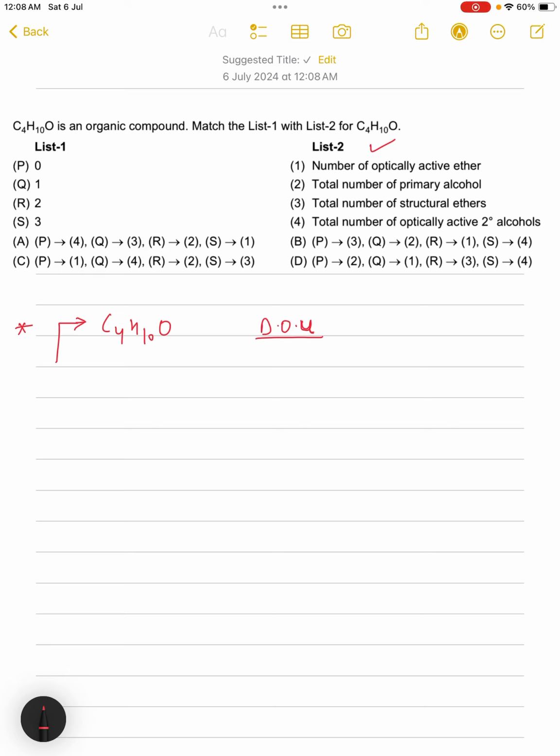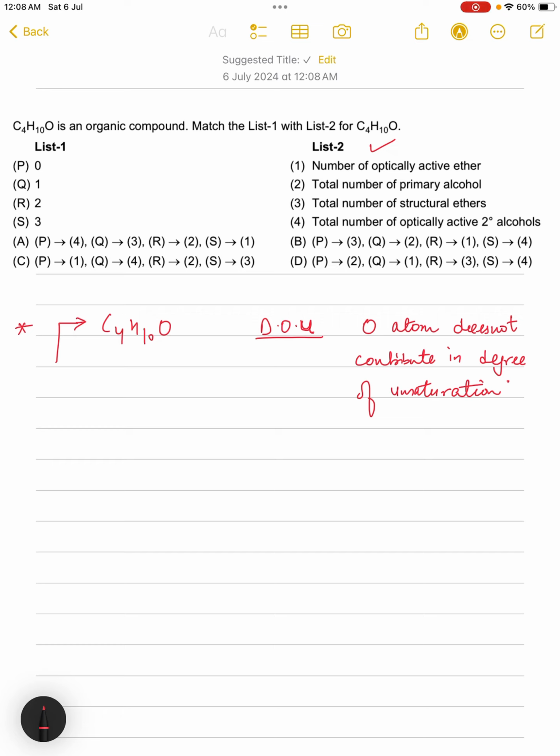Now, whenever oxygen is present in the organic compound, the oxygen atom does not contribute to the degree of unsaturation. So if the oxygen atom is present in the molecule, we just have to ignore it, right? We have to totally ignore it.